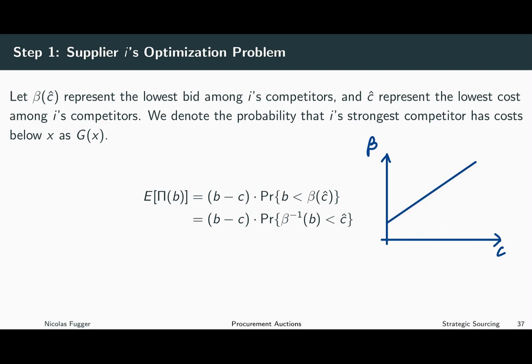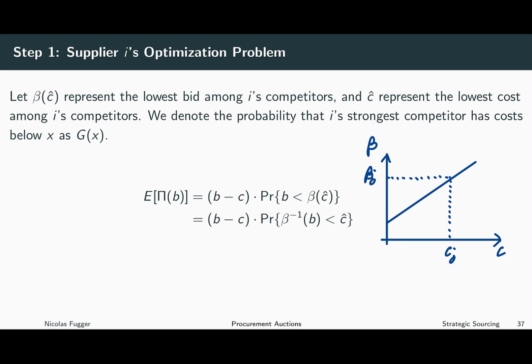Okay? Then the question of asking in which case does a supplier place a bid of, let's say, beta J is equivalent to the question of what is the case for supplier J of having costs of Cj.